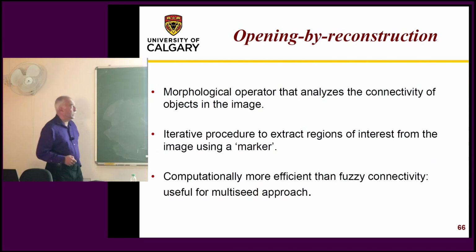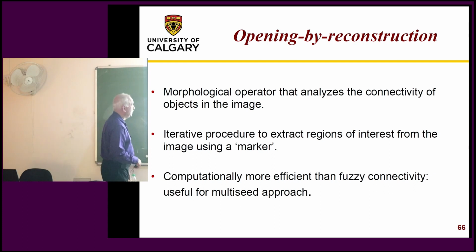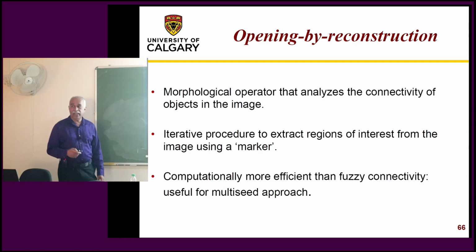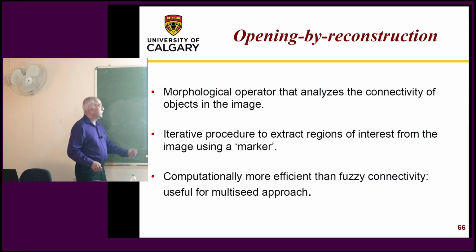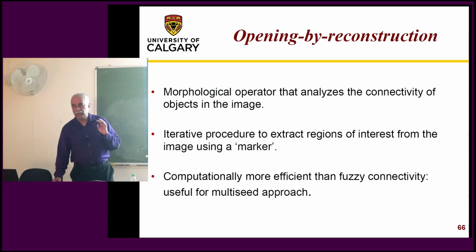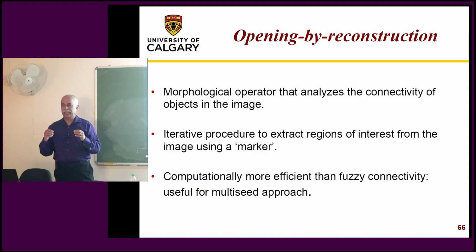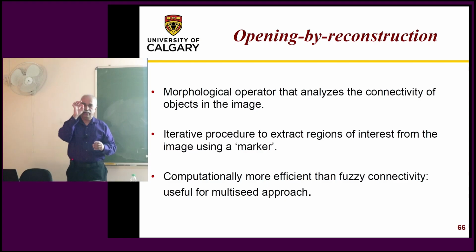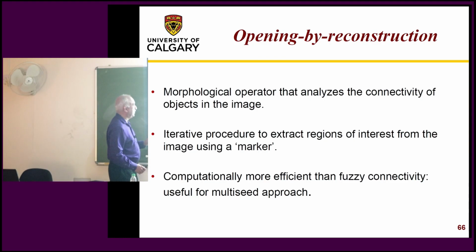There is another technique known as opening by reconstruction, which analyzes connectivity. It is an iterative procedure to extract regions of interest from a marker or a seed. So if you have some initial result of detection of some object, you can use those as markers or seed pixels or seed regions, and then perform opening by reconstruction.